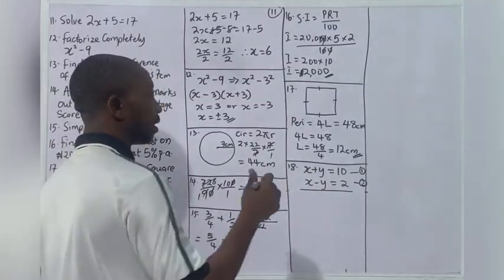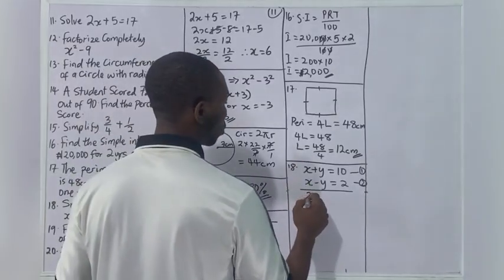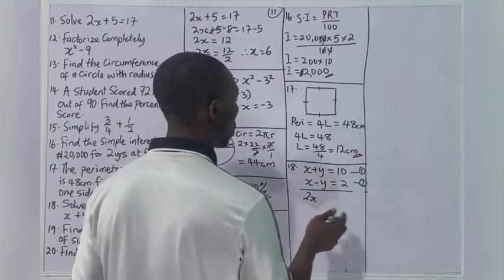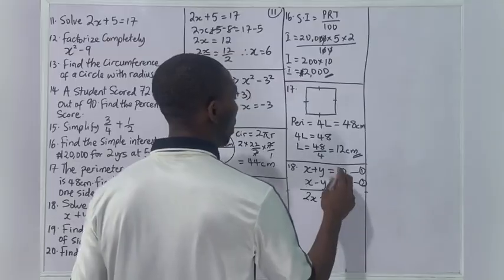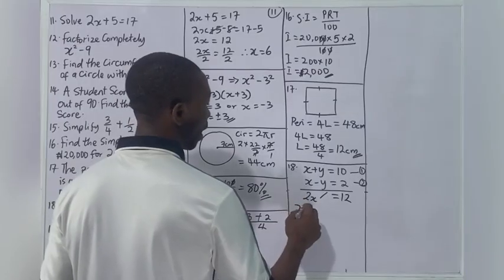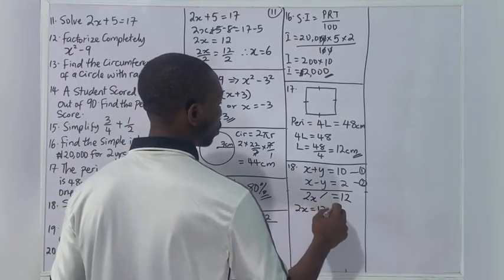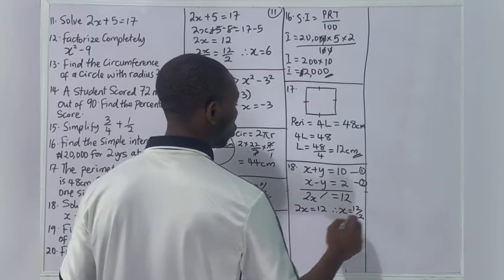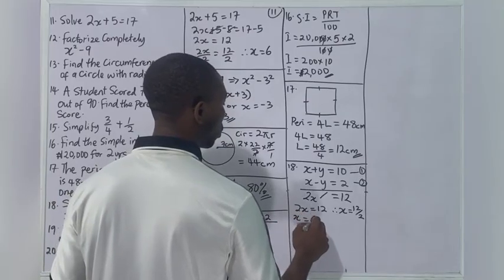We add. Adding this, x plus x gives us 2x, minus y plus y gives us 0, equals 10 plus 2 gives us 12. So from here, 2x equals 12. So therefore, x equals 12 over 2, which is x equals 6.